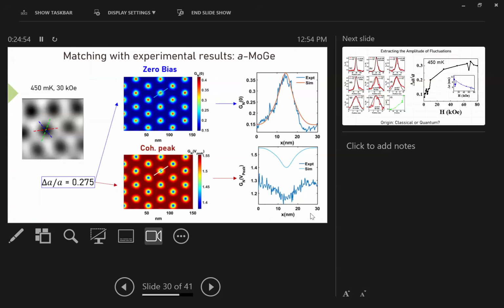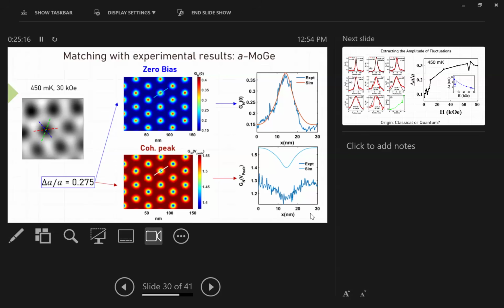To check whether this works, we take, for example, this data at 450 millikelvin and 30 kilohertz. I simulate the conductance map with a delta A by A. Delta A is the amplitude of fluctuation, and A is my vortex lattice constant of 0.275.